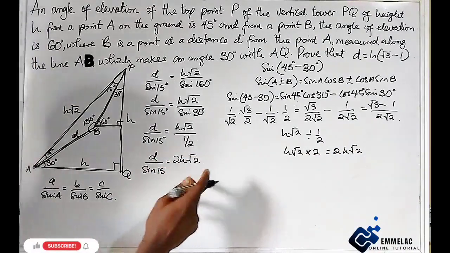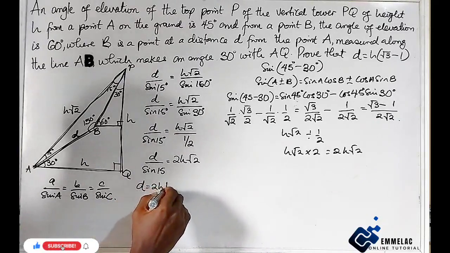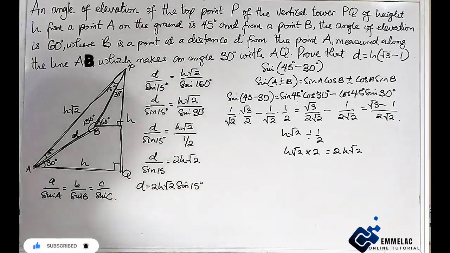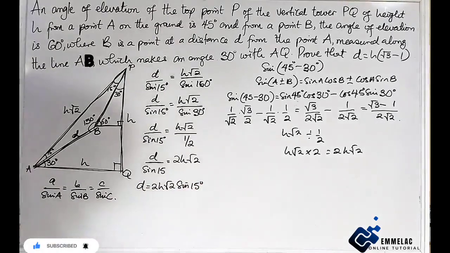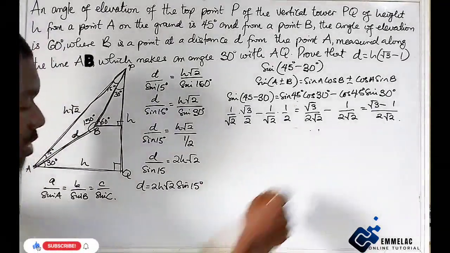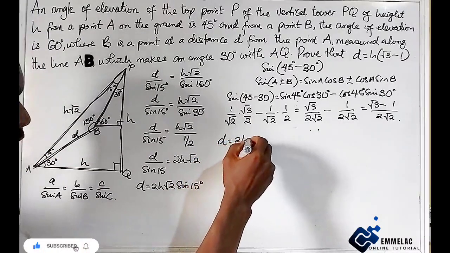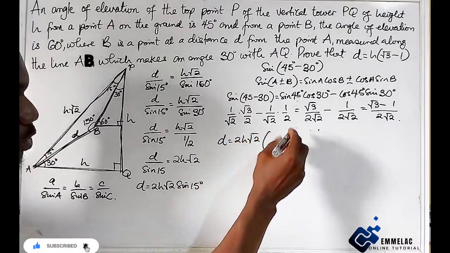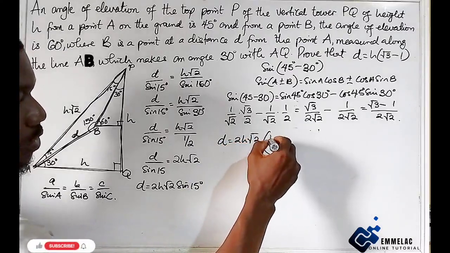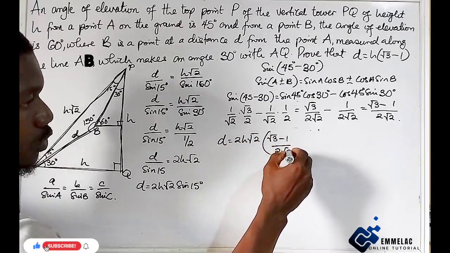Now let's cross multiply. So D equals 2H root 2 times sine 15 degrees. Take note that sine 15 is this. So D equals 2H root 2 times root 3 minus 1 over 2 root 2.